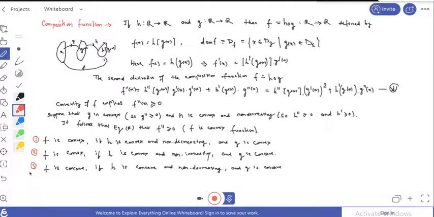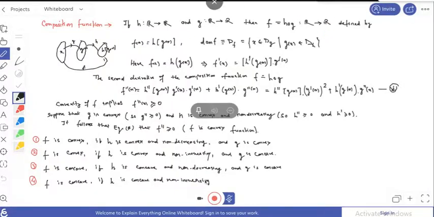Fourth one, F is concave होगा यदि H is concave and non-increasing, and G is convex.